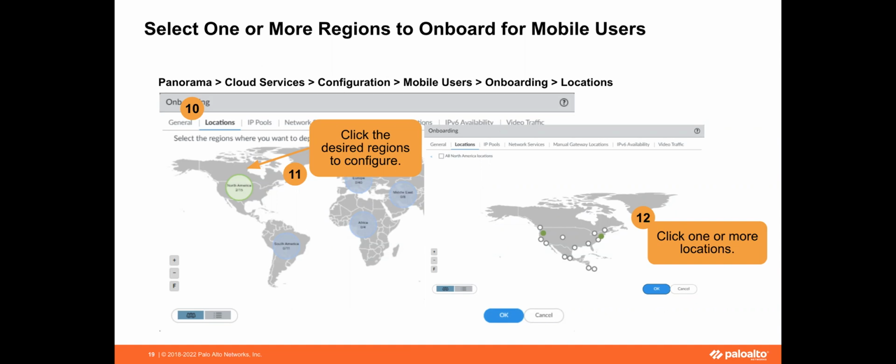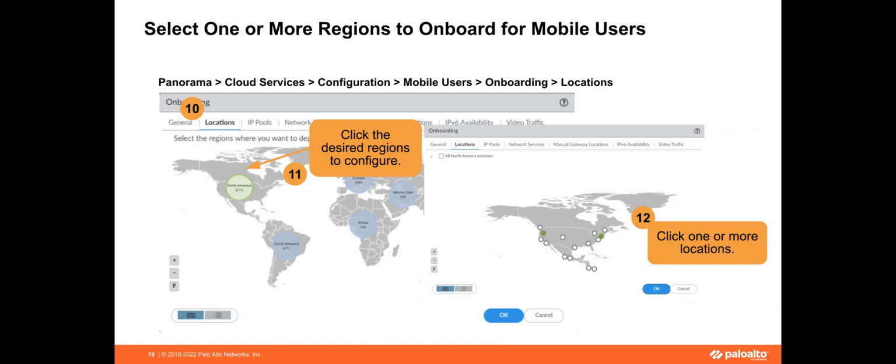You can hover the mouse over any compute region, like North America, South America, Europe, ANZ, etc. When you hover your pointer on any of these compute locations, it will highlight and show all available locations. You can select each location by clicking the region, and then it will populate the number.